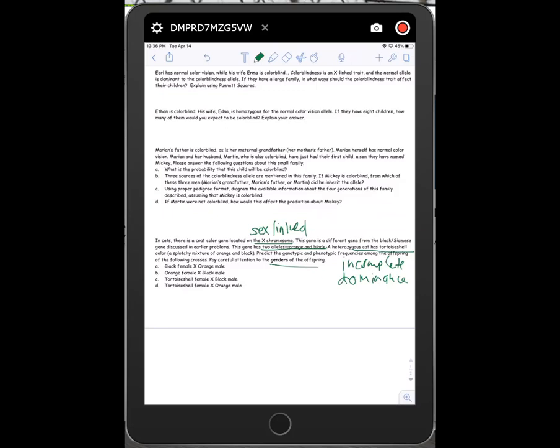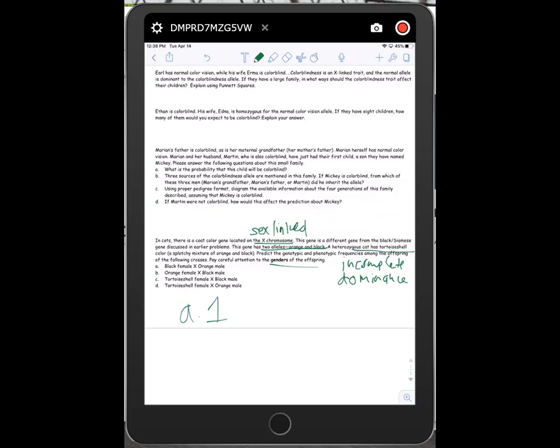So let's code our problem here first. So do A, and then step 1. And really, after you code the problem, you don't have to do that again for B, C, and D, I would think. All right, it has 2 alleles, orange and black, and those are both going to be dominant, and then the heterozygous is going to be tortoiseshell.